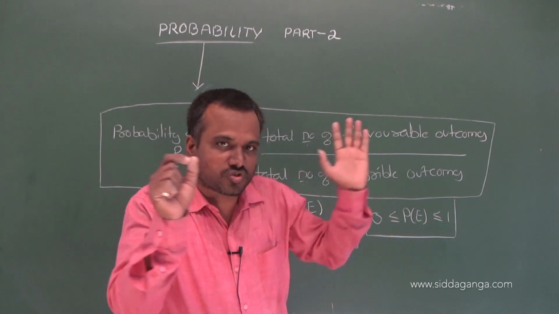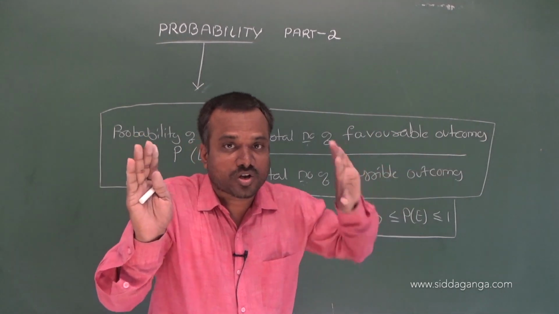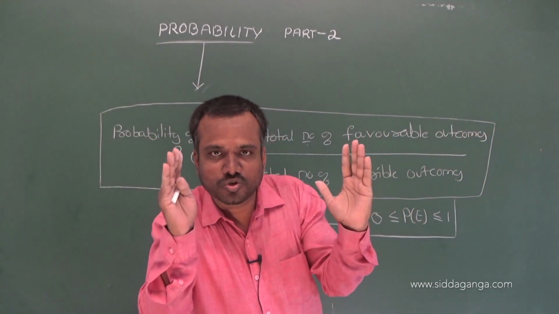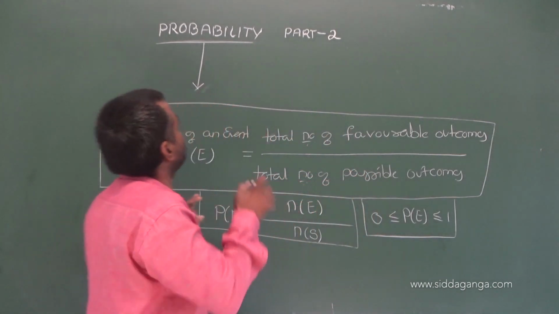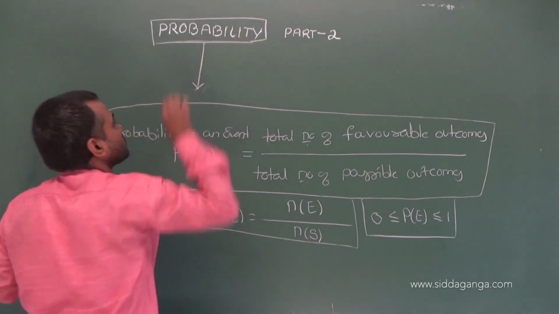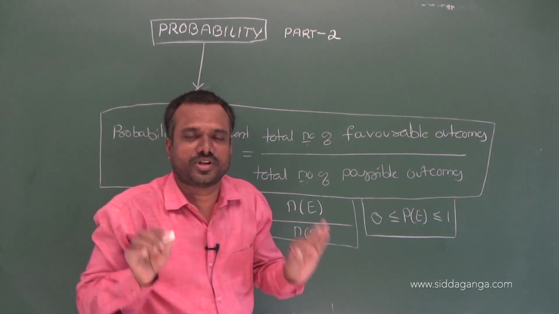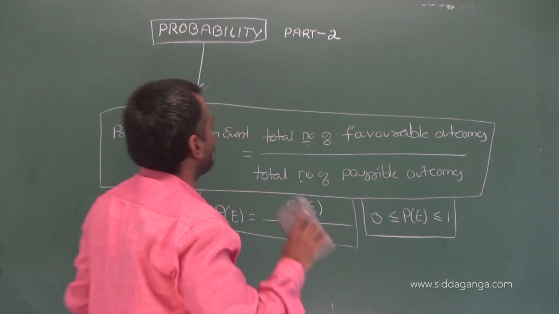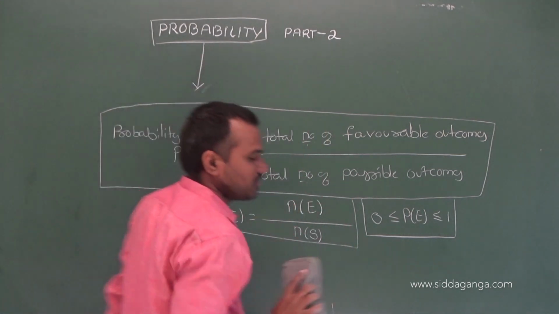So the value oscillates between 0 and 1, not less than 0, not greater than 1. It lies between 0 and 1. This is the definition of probability. Better, we solve one problem regarding probability.